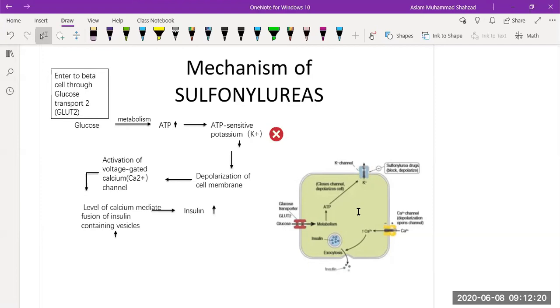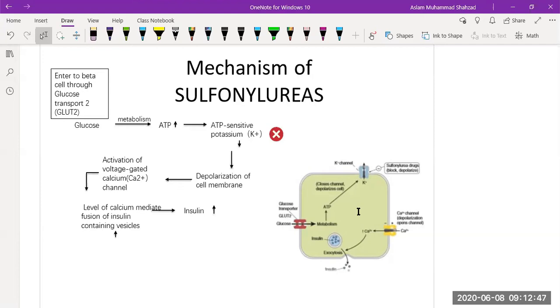By increasing the ATP, it decreases ATP-sensitive potassium. That is responsible for depolarization of the cell membrane, which activates the calcium channels and increases calcium inside the cell. That calcium increase is responsible for increasing the insulin production.